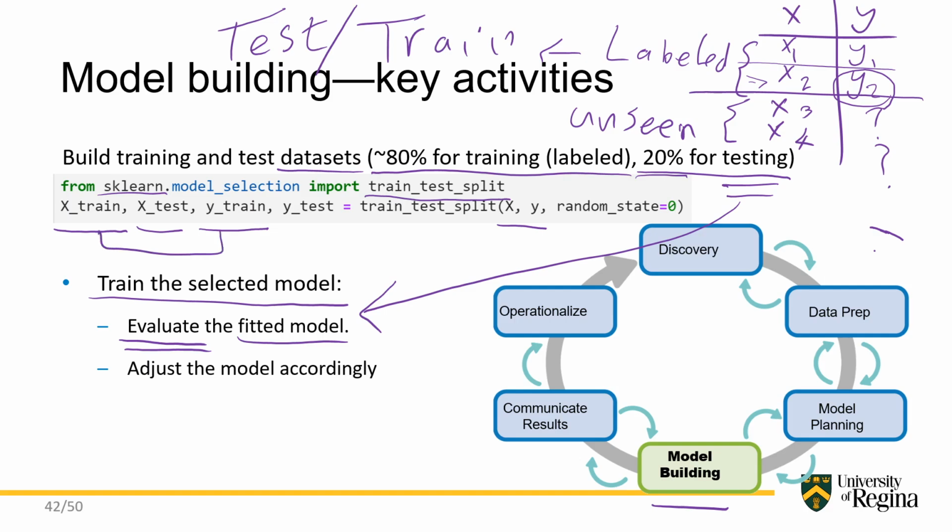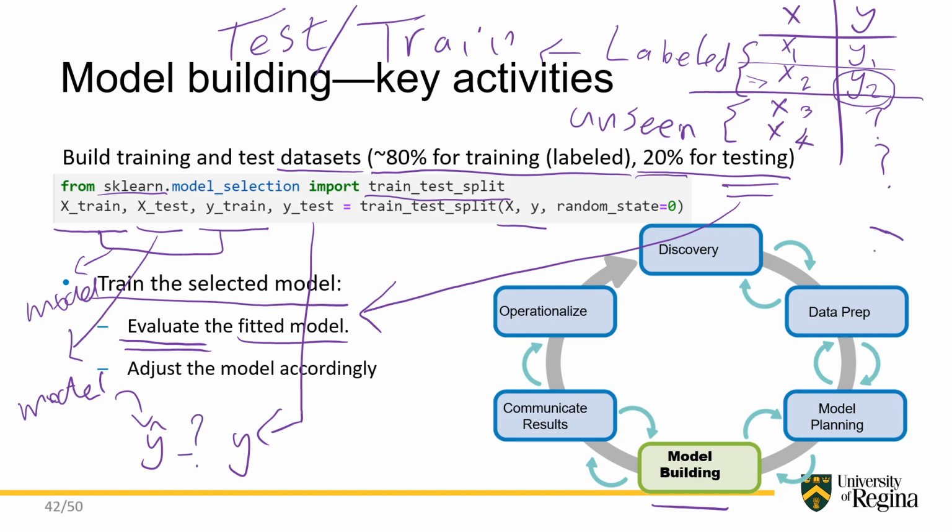So these two for training will be given to the model for training, and this also will be given to the model for testing, but this will not be given to the model. It is used to compare the output of the model, and we want to know the relationship between these two to see if the model predicted the actual outputs correctly or not. If not, we adjust the model accordingly.